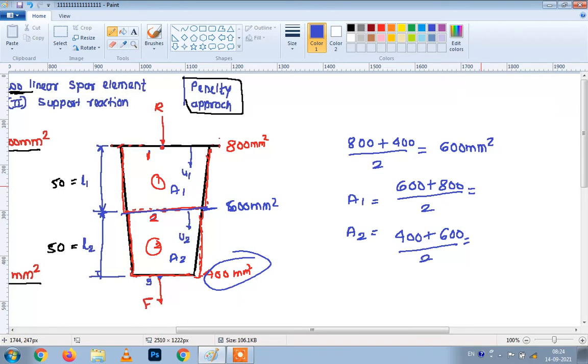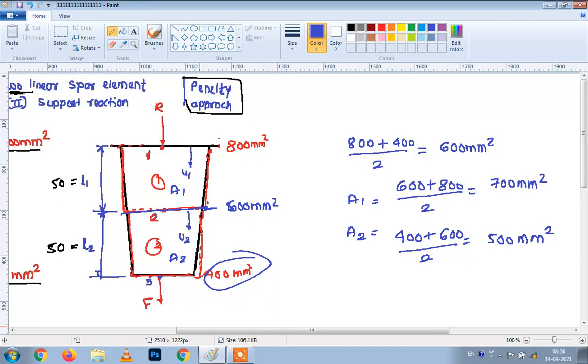So here 1400 divided by 2 will be 700 mm square, and it will be 500 mm square. In this way we have found the area of element number 1 as well as element number 2, because these areas are necessary to calculate the stiffness matrix.